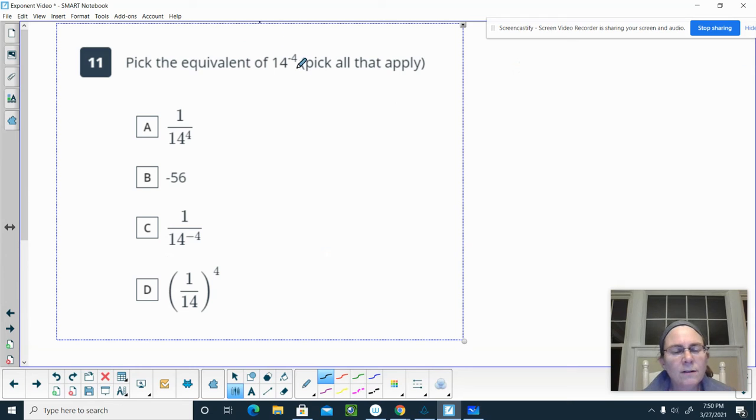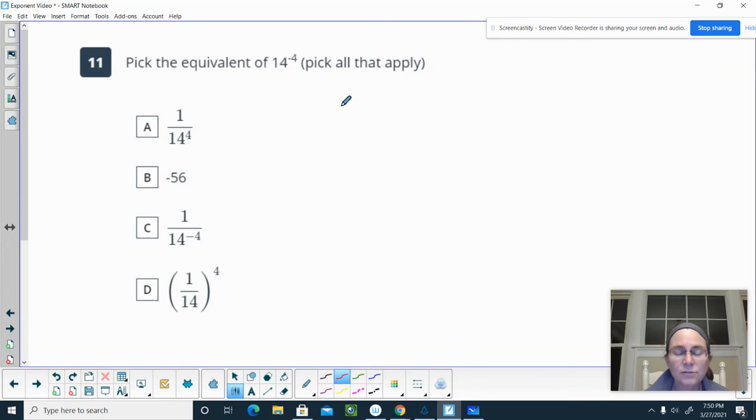Pick the equivalent of 4 to the negative 4th power. All right, I'm going to give you a test-taking strategy here. Anytime it says pick all, or select all, your answer is going to be more than one. Otherwise, they wouldn't say select all. Okay, so let's take a look here. We have 4 to the negative 4th power.